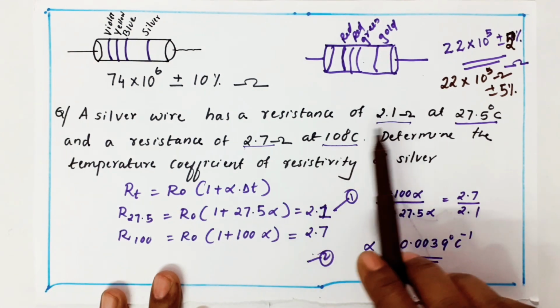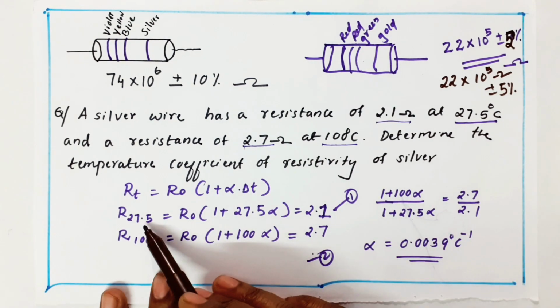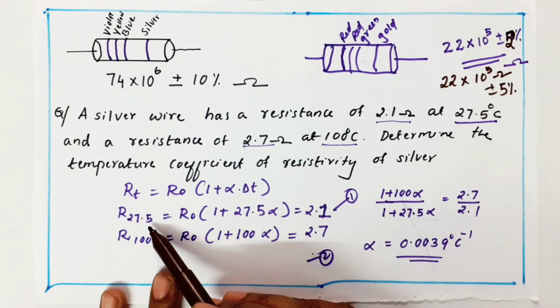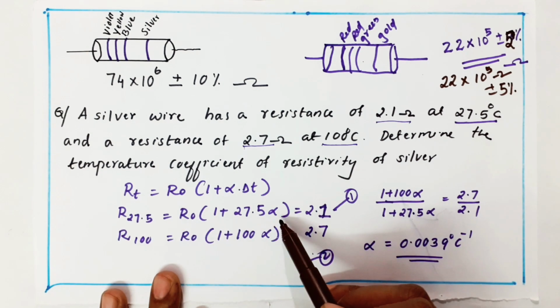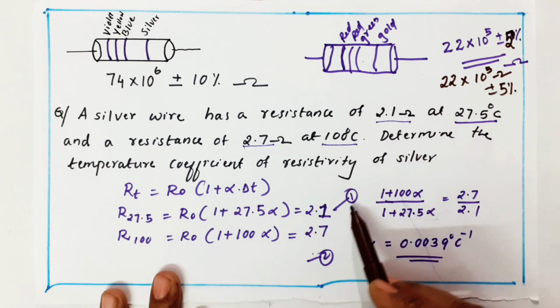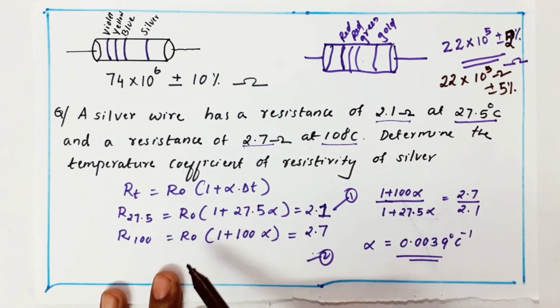First, at 27.5 degrees Celsius, 2.1. At 100 degrees, 2.7. So resistance at 27.5 is R0 into 1 plus 27.5 alpha. That is 2.1, equation number 1. For the second one, at 100 degrees, it is 2.7, that is R0 into 1 plus 100 alpha.